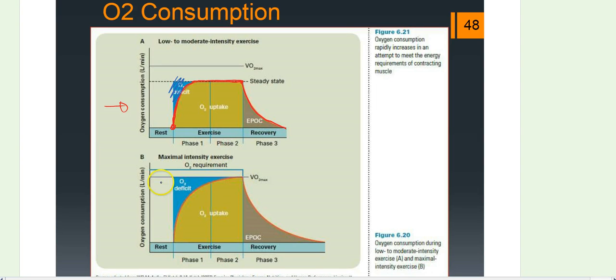If we're working at a maximal level, there's every chance that our oxygen deficit will actually remain for almost all the amount of time of physical activity. This cannot last for particularly long if you're working at that intensity. Now, the point in time where oxygen uptake has plateaued, so this bit through here, this is said to be at steady state.